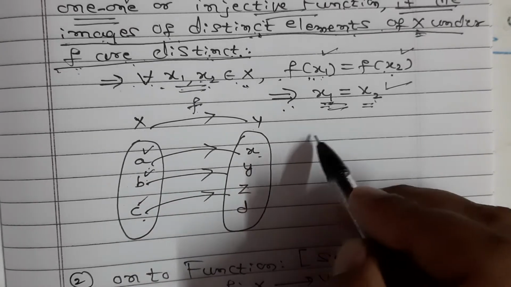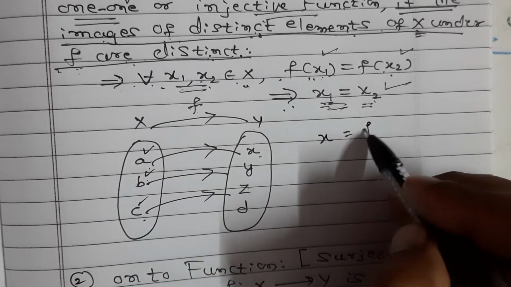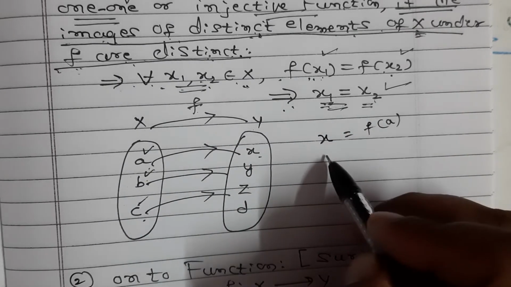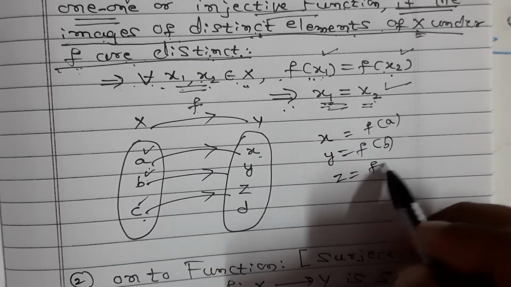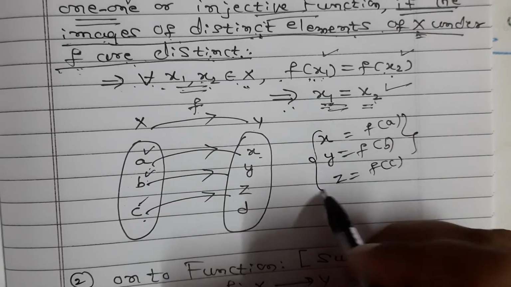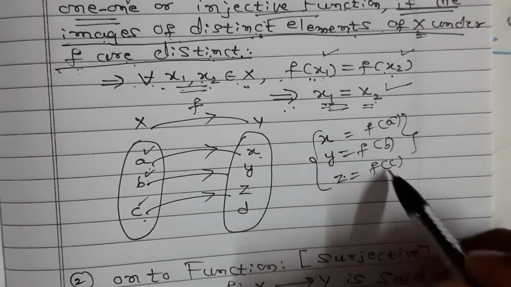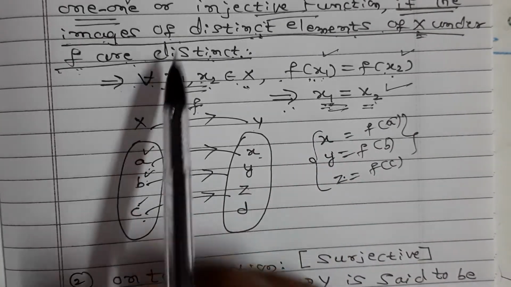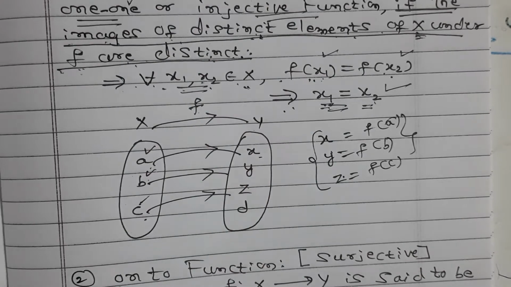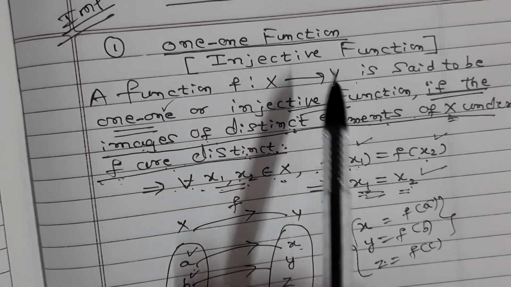So we know here x is the image of a, y is the image of b, z is the image of c. See here, distinct elements have different images. Such a function is called an injective function, or we can call it a one-one function.